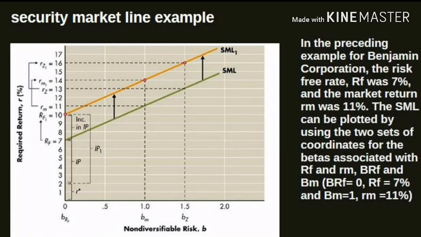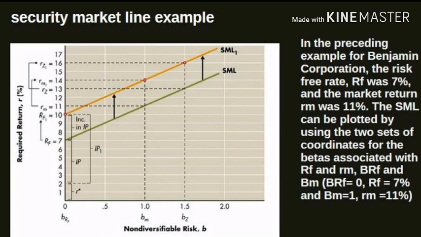And as the data shows, beta on asset Z was 1.5 and beta of the market was 1, and on this SML there is a beta RF. Beta RF is the beta associated with the risk-free asset. Beta RF would equal 0.